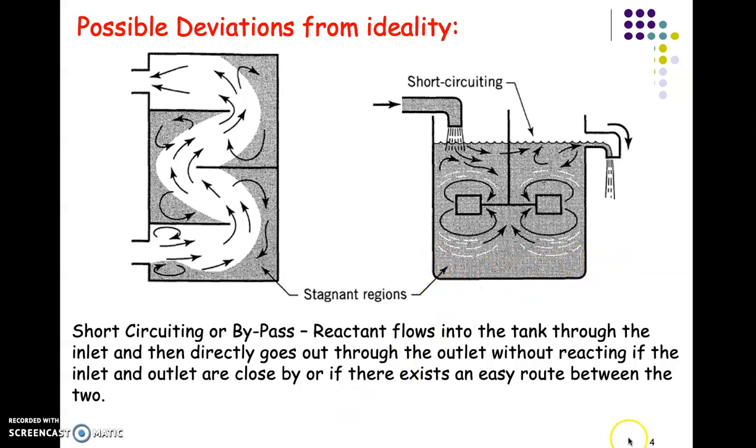In a real industrial problem, you cannot see those stagnant regions with your bare eyes. That's why we need to learn what RTD is, so that we can know whether your reactor is running in ideal condition or not. It deviates from ideality. That's the purpose of learning this chapter.